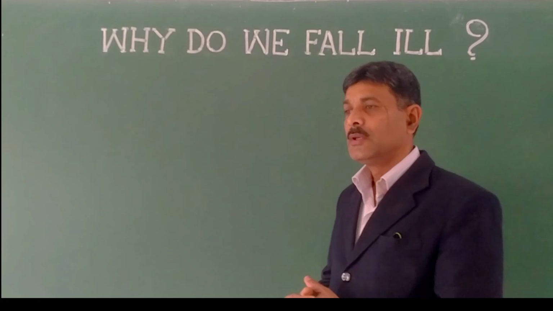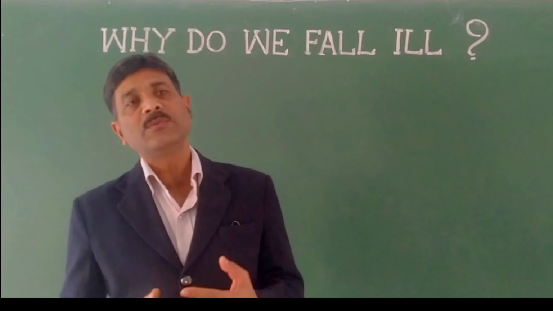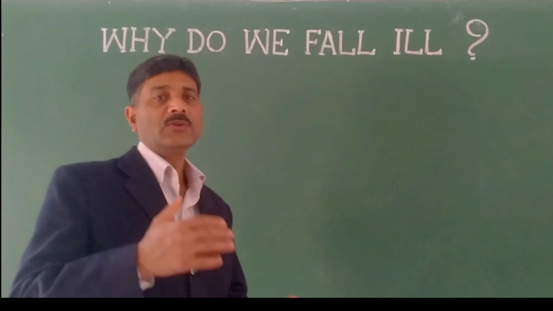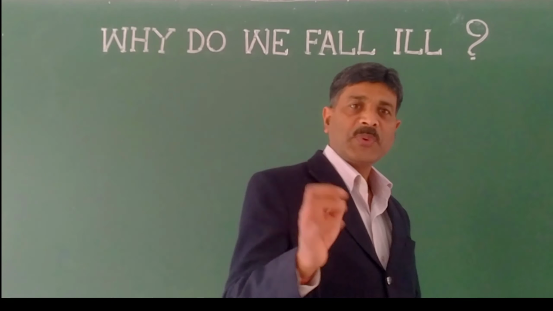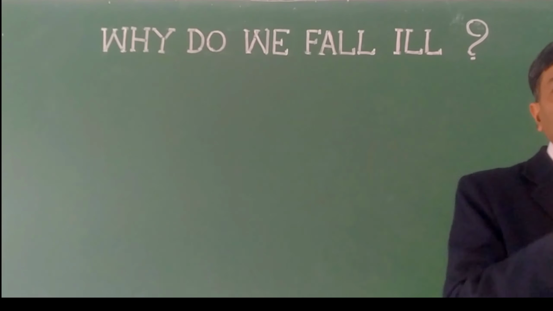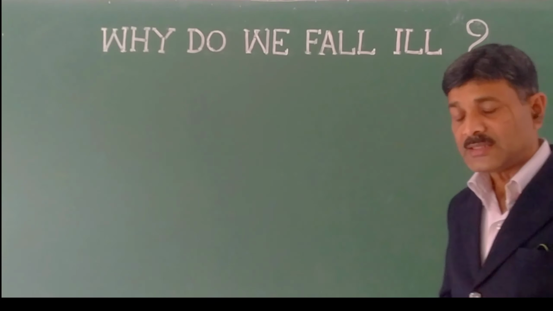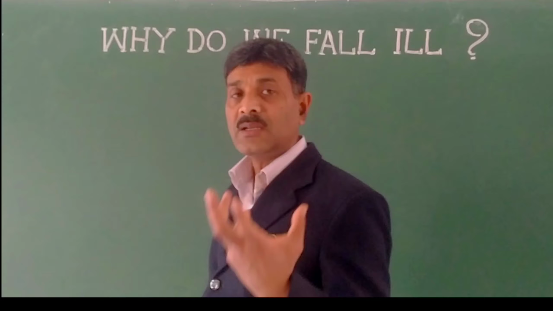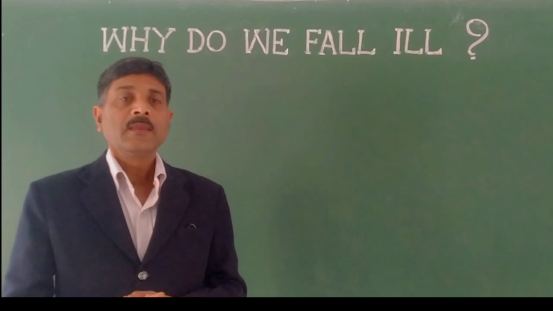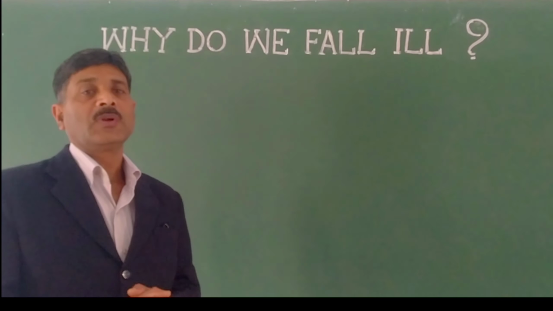That means when the pathogen enters our body, compared to our body, the size of the microbes is very small, in the range of 10 to the power minus 6 meter. So where do they enter our body?